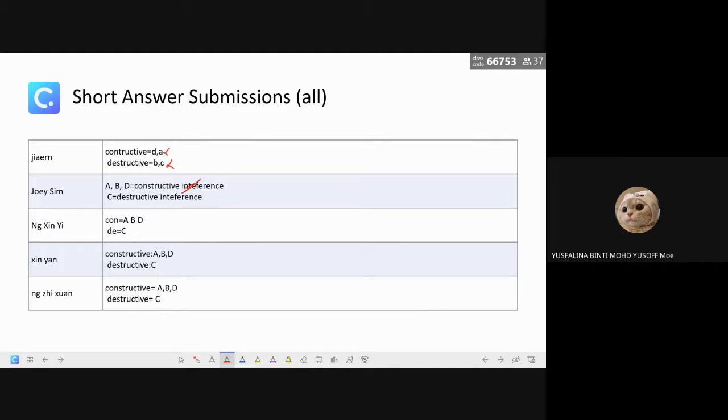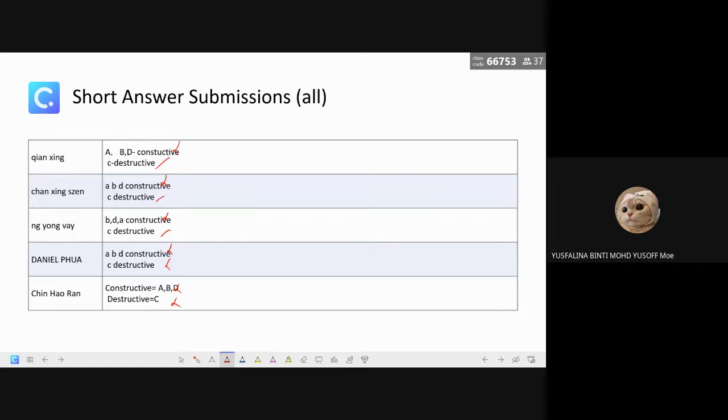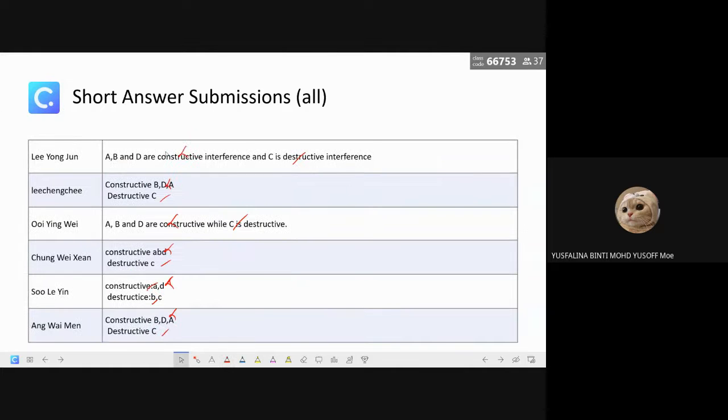Okay, so wait for a moment. This one is wrong. Wait, I will use this one first.